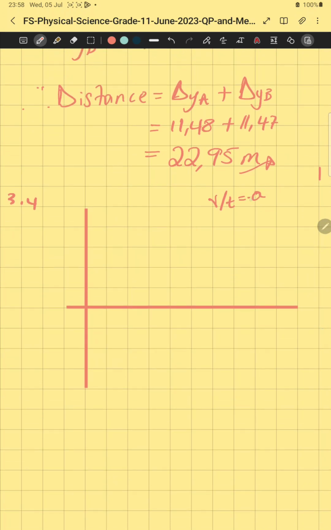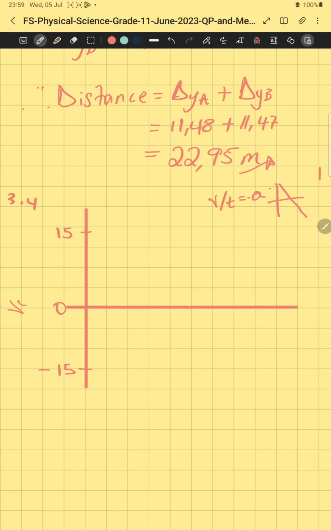If acceleration is negative, the gradient is negative, so it's going to have this shape here, due to our direction. So I'm going to put 15 here, the initial velocity, and then negative 15 here, and this one must be 0.